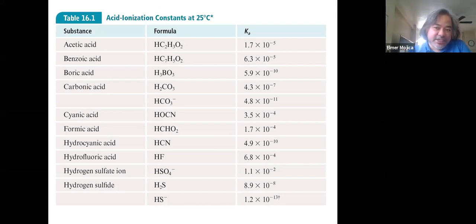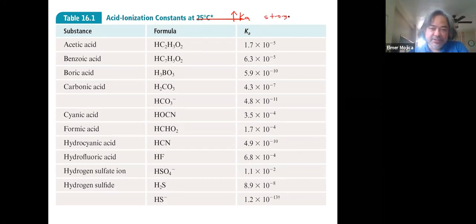Usually Ka tells us the strength of a weak acid. The higher the Ka value, the stronger the weak acid. So even though they're weak, they still have different strengths, and the measure of their strength has something to do with the Ka value.